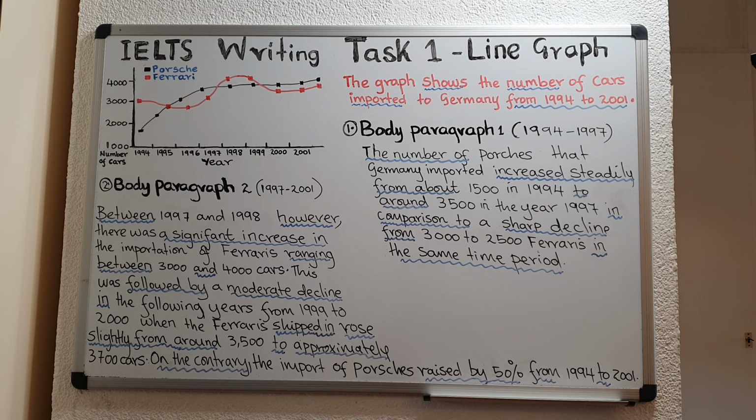Okay? So I've talked about the Porsches, or rather the Ferraris between 1997 and 1998. And now I'm going to move on to the next paragraph, to the next point.